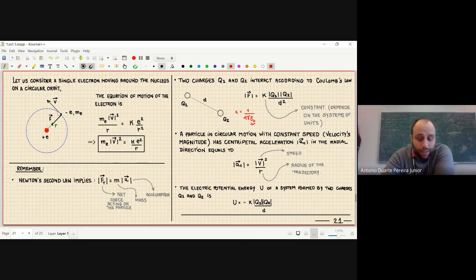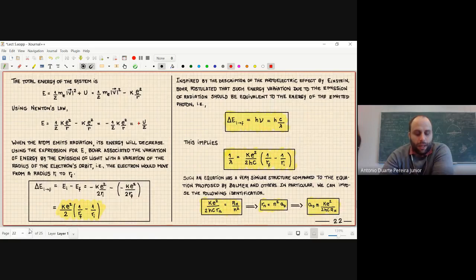So the electron jumps from one trajectory to the other. And then you can say, why the electron cannot move continuously towards this one? This is not what happens. Bohr proposed that the electron really jumps from one trajectory to the other. I'm going to explain that in more detail soon, so don't panic.